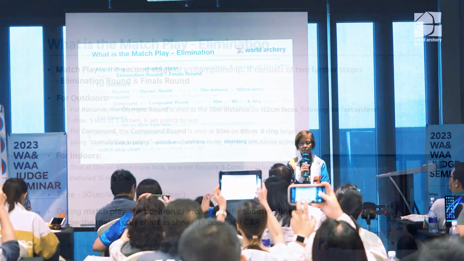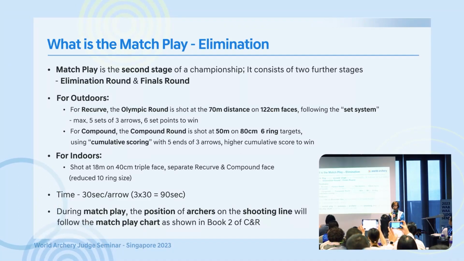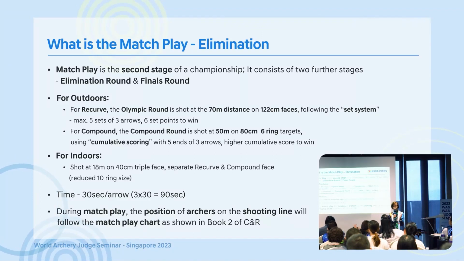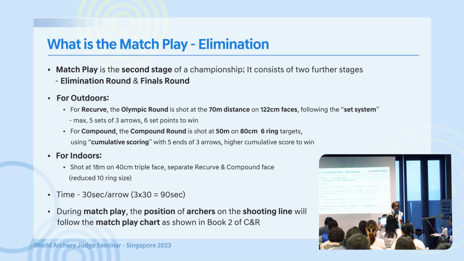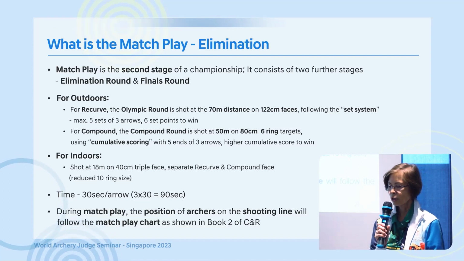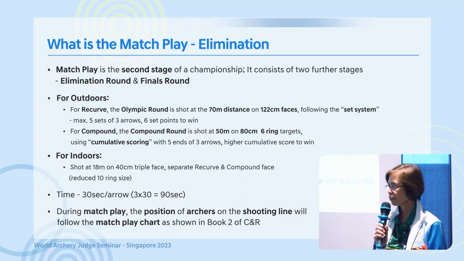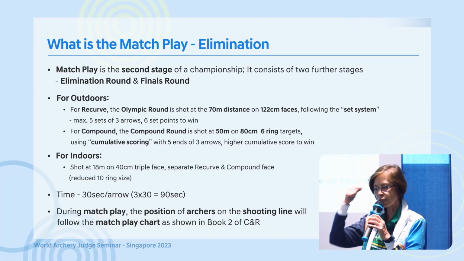So we've had the qualification, we're done with that, and we're now in the second stage. You have the elimination round and the finals round. For outdoors, recurve, the Olympic round is shot, of course, at what distance? 70 meters on 122 cm faces.